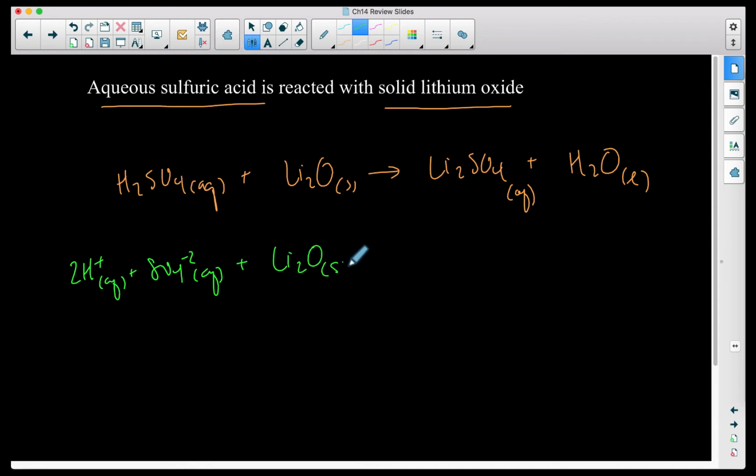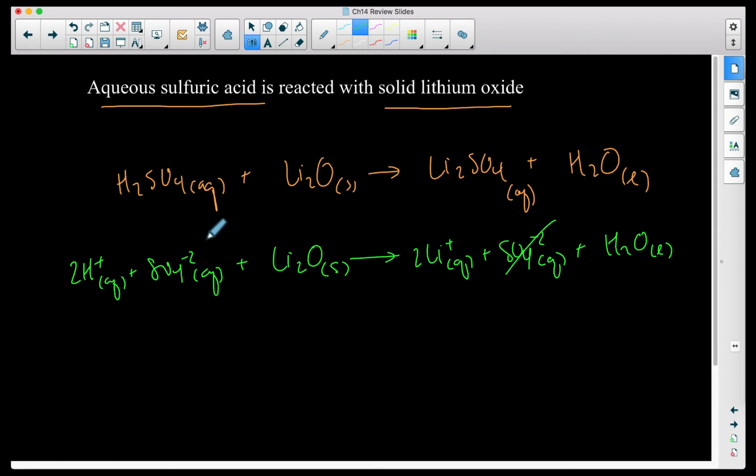I get this because it's a solid. It must meet 2 criteria to dissociate. It must be aqueous and ionic, strong acids being an exception. This is aqueous and ionic, so this is going to do this. And this also does not meet the criteria for being aqueous and ionic.